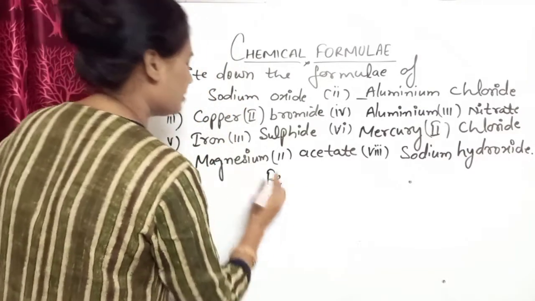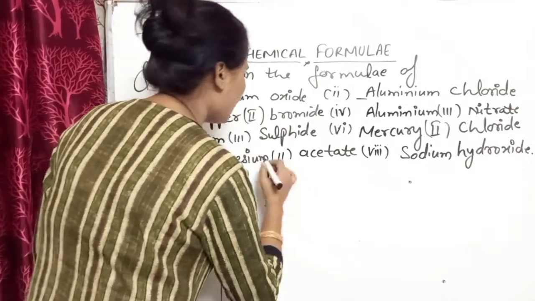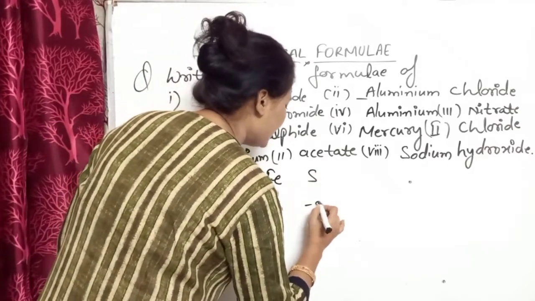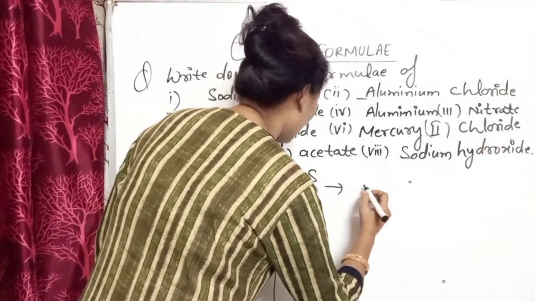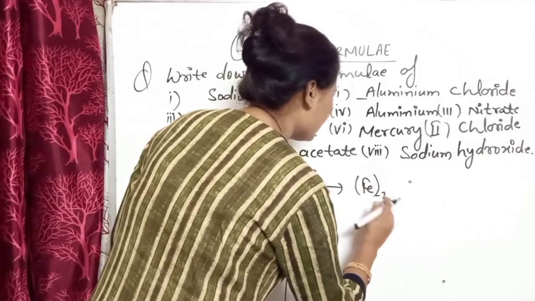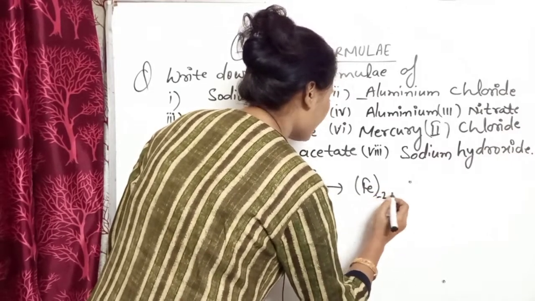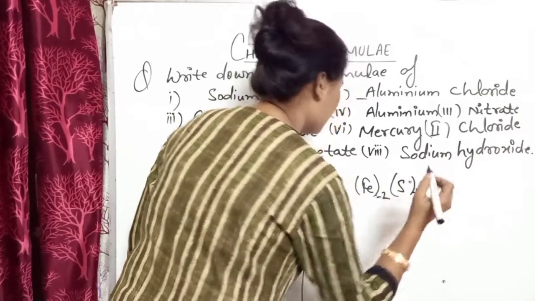Iron(III) sulfide: Fe has +3 valency, and sulfide has -2 valency. So we can cross over the valency. Now our formula becomes Fe with subscript 2 and S with subscript 3.